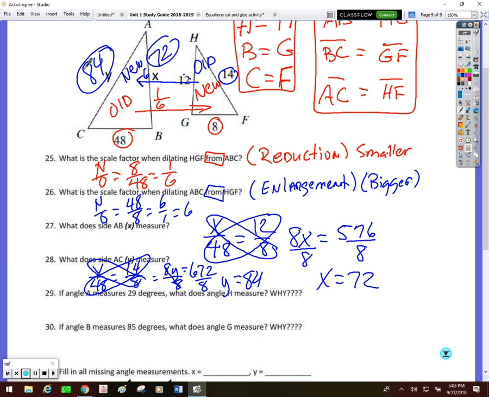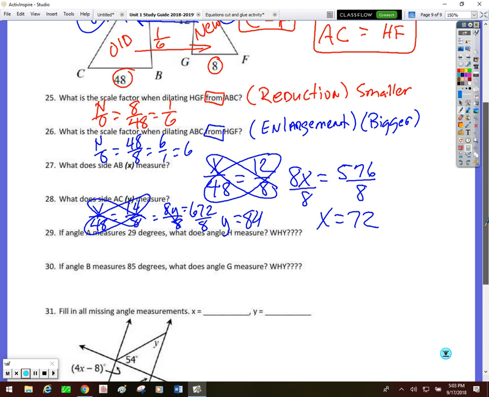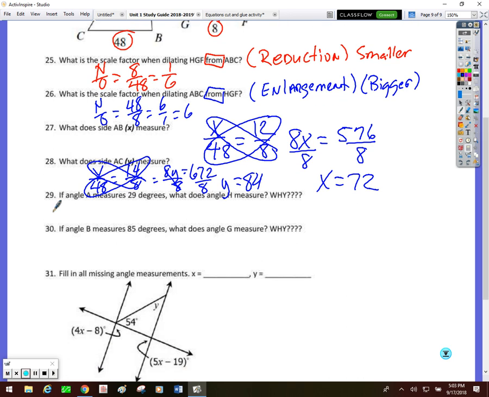Okay, all right, so finally, we're almost there. Three problems to go. If angle A measures 29 degrees, here's angle A. What does angle H measure? Well, remember, it doesn't matter if it's similar or congruent. They're going to have the same measurement because the triangles are similar.